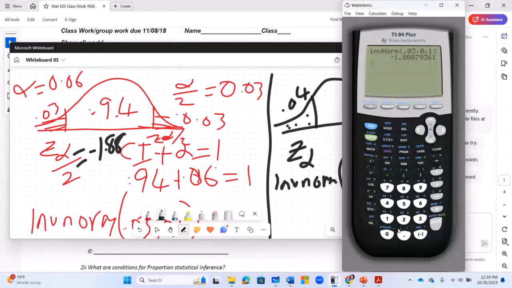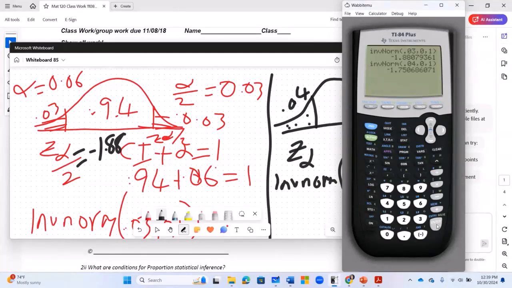So I'll go again to second distribution, inverse norm number 3. This time the area is 0.04. It's a standard normal curve, so mean is 0, standard deviation is 1. So I am going to paste. It's only area to the left this time. That's why I did not divide alpha by 2.